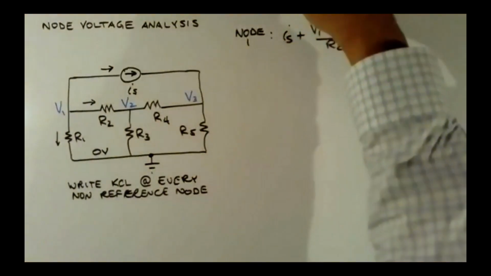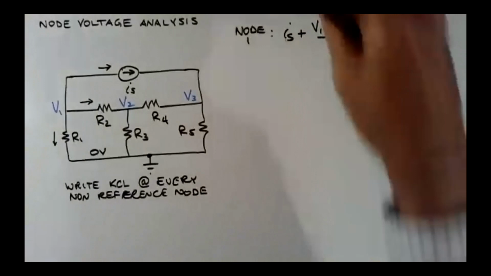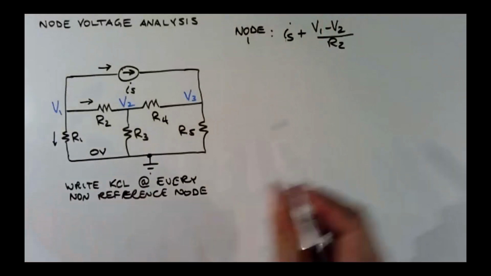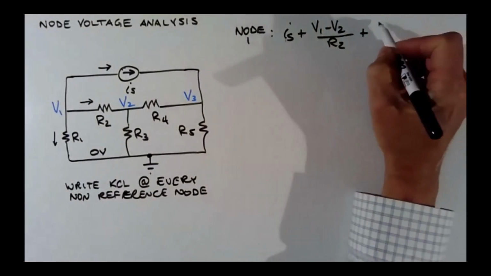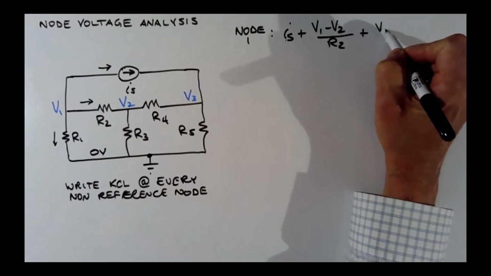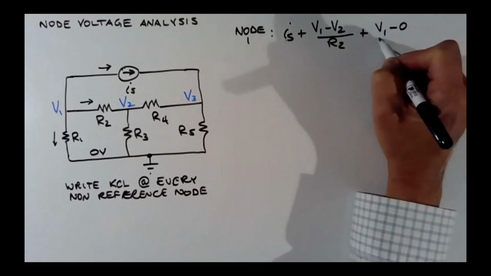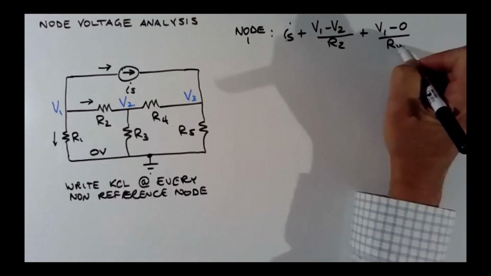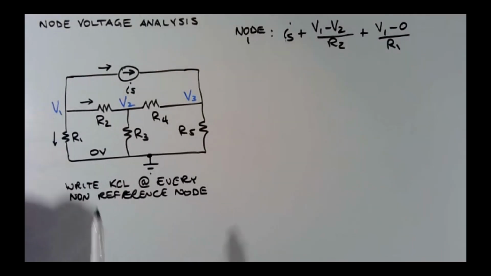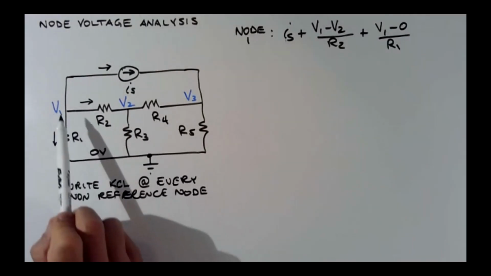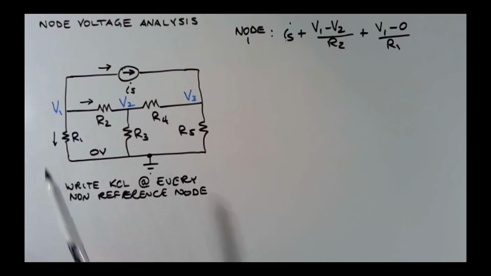And so the next term is V1 minus 0 over R1, right? The current coming from V1 down to the reference node, that node voltage minus that node voltage over R1. Okay, and so what does that mean?